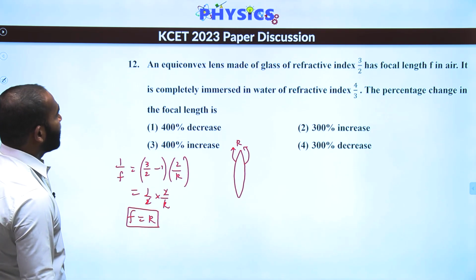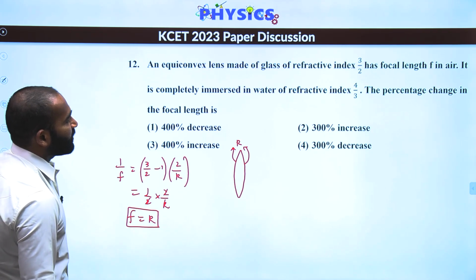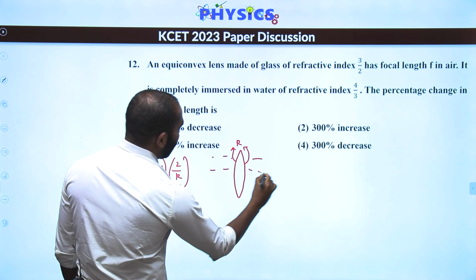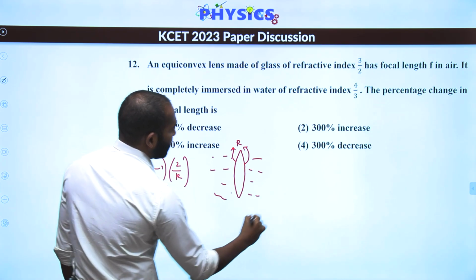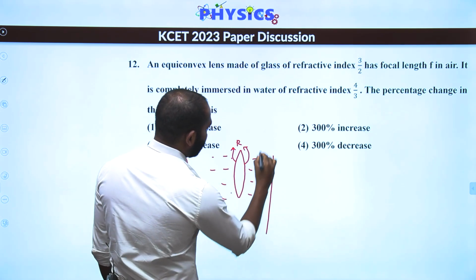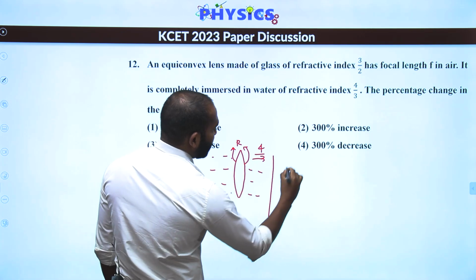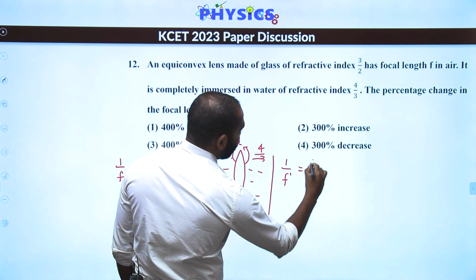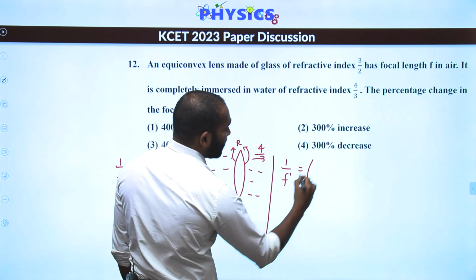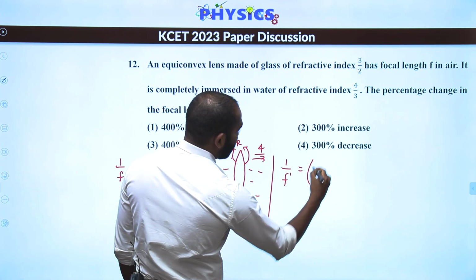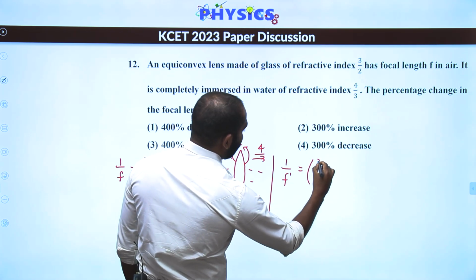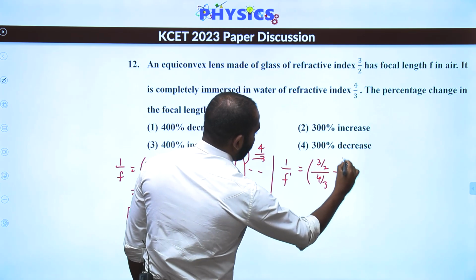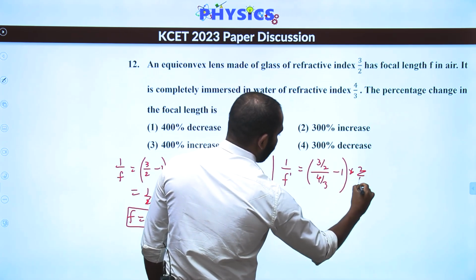Now what is given? It is completely immersed in water of refractive index 4 by 3. So now there is water around it, okay. So how do we calculate? Now the water has refractive index 4 by 3. So 1 by f dash, let's say the new focal length, is equal to, we know the formula: refractive index of the lens upon refractive index of the medium, which is 3 by 2 upon 4 by 3, minus 1, again 2 by r, okay.